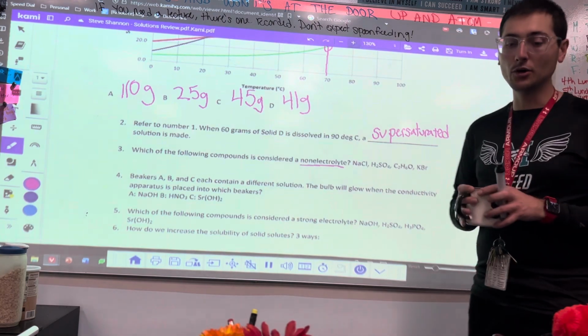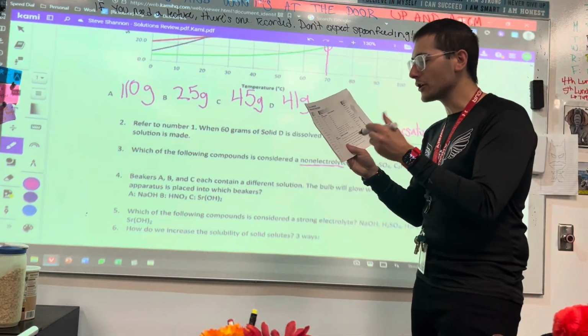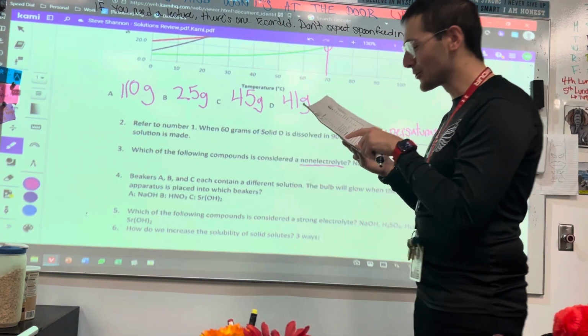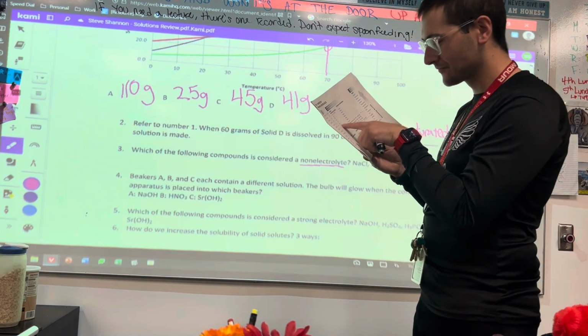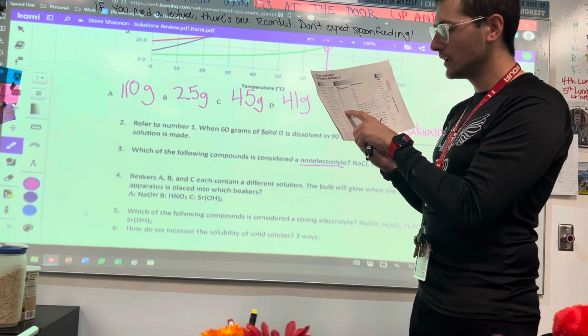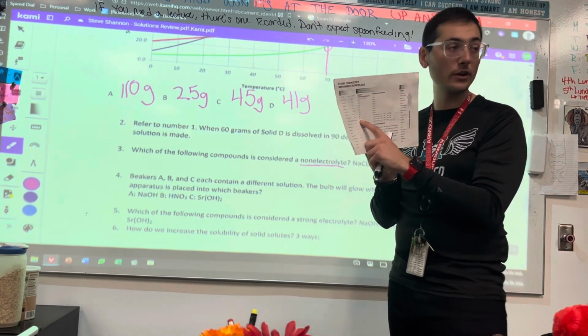If you did not know that, you could look at chlorine. You go to the solubility table, and you find chlorine on here. And you see that chlorine is soluble in compounds that contain it. So if a compound has chlorine, it's going to be soluble.